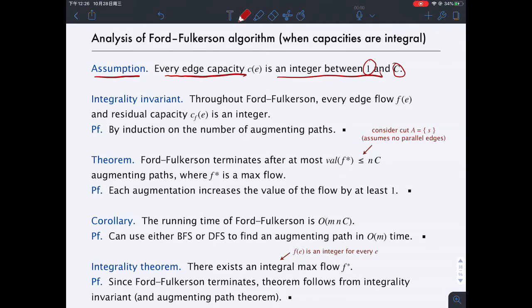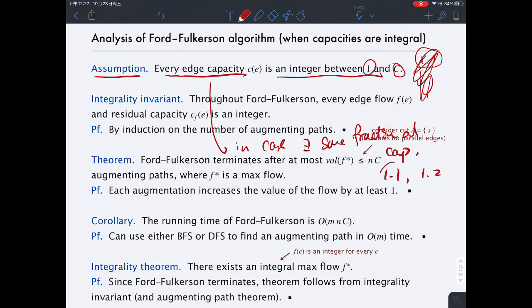This is a pretty mild assumption, because in case there are some fractional capacities, for instance 1.1 and 1.2, let's say there are two edges with capacities 1.1 and 1.2, then we can scale all the capacities by a factor of 10, so 1.1 becomes 11 and 1.2 becomes 12, and all of a sudden they become integers.